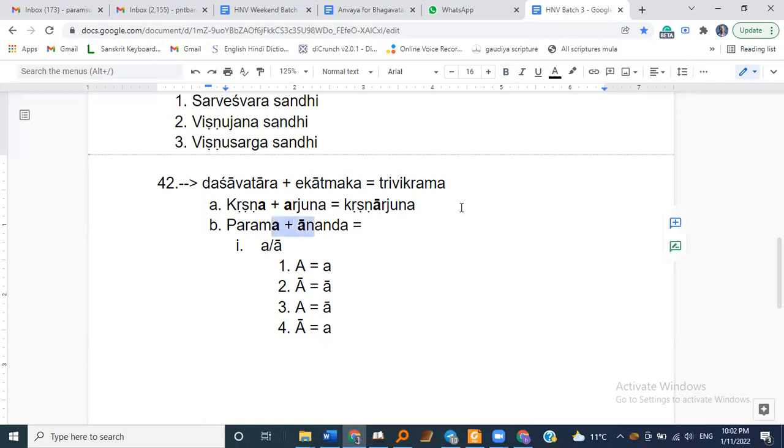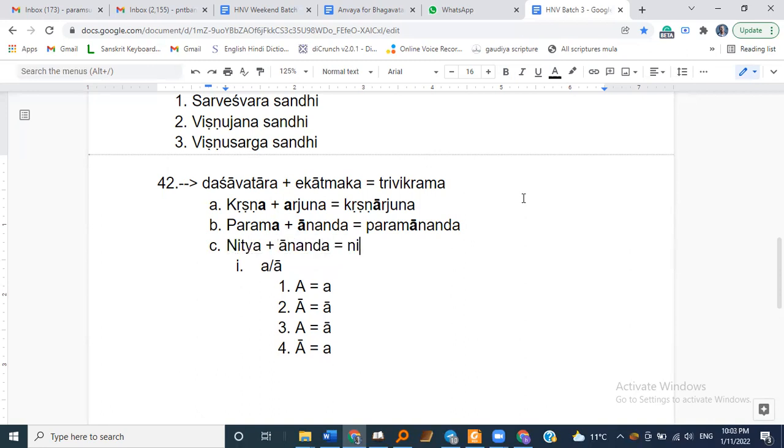Thus both of them are replaced by their Trivikrama, which is A. So we get Paramananda. Like that, Paramananda. Nityananda. Similarly, Nitya Yukta Ananda turns into Nityananda. So these are the Advaya examples.